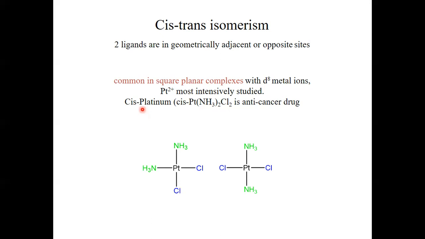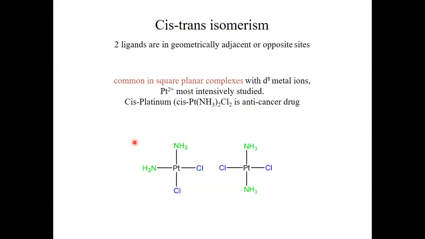In particular, cisplatin is an anti-cancer drug. It even has this cis-trans isomerism in the name. Cisplatin is actually cis-diamminedichloroplatinum, whereby the two amine ligands are in cis position and the two chloro ligands are in cis positions as well.